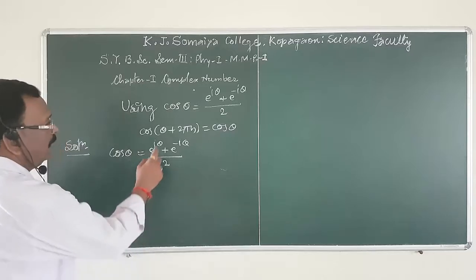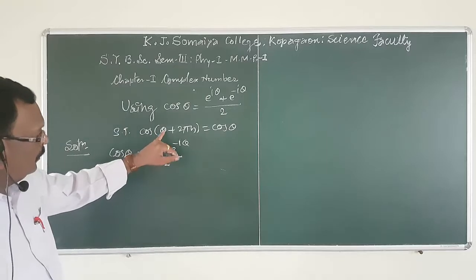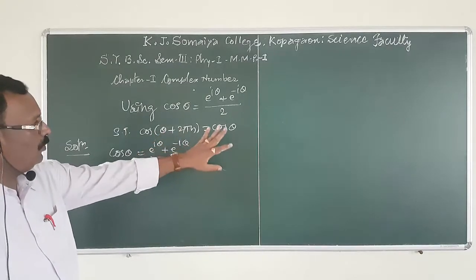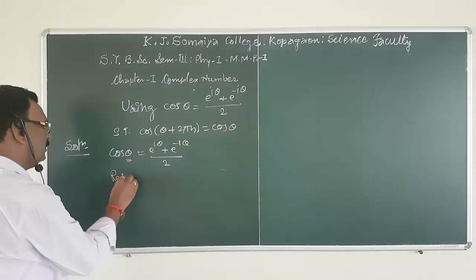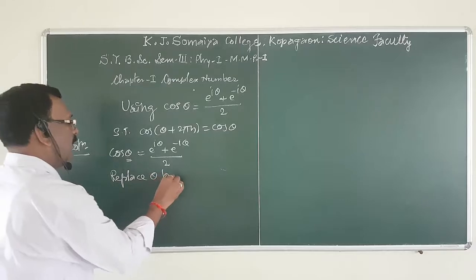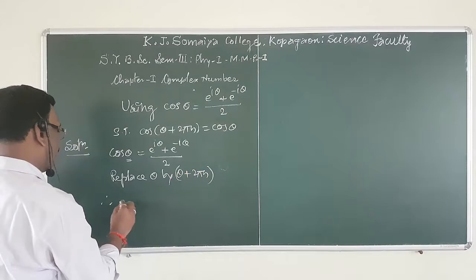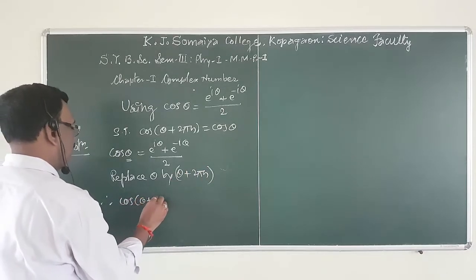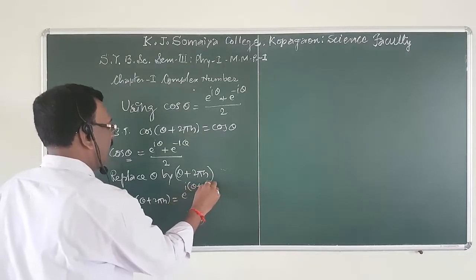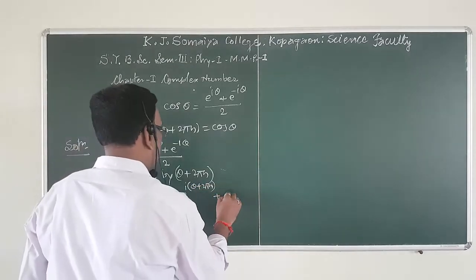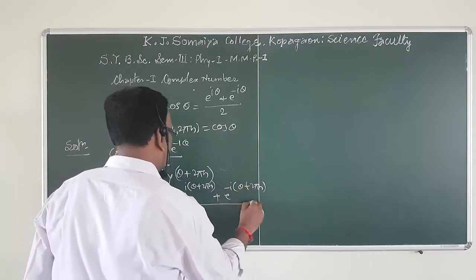Now, in order to show that cos (theta plus 2 pi n) is equal to cos theta, we have to replace theta by theta plus 2 pi n. Therefore, we have cos (theta plus 2 pi n) is equal to e raised to i (theta plus 2 pi n) plus e raised to minus i (theta plus 2 pi n) upon 2.